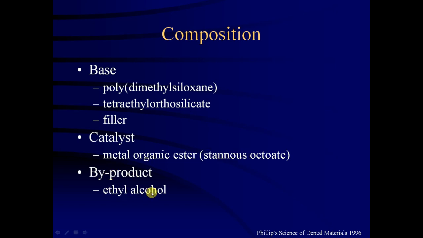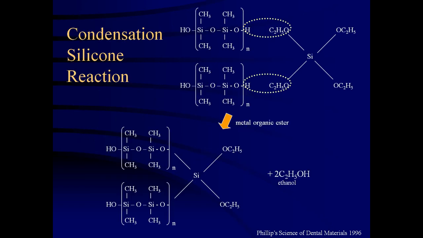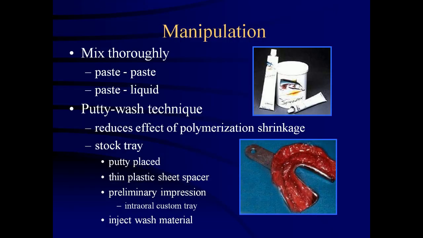In polysulfide, the byproduct was water, and in condensation silicone, the byproduct is ethyl alcohol. This is the reaction taking place between the ethanol and silicone.